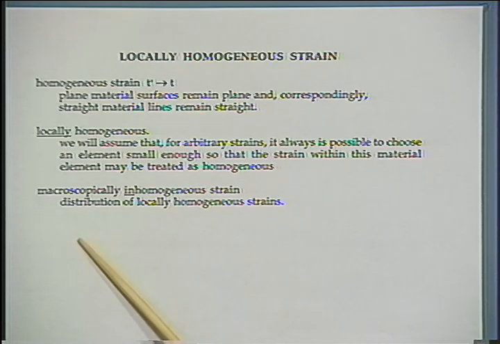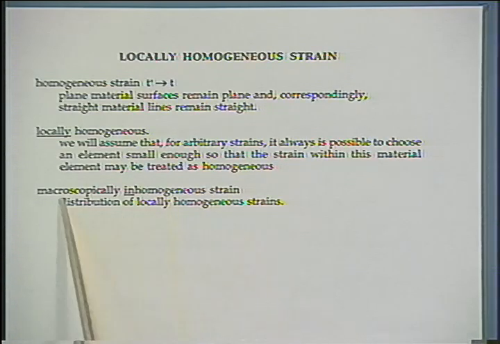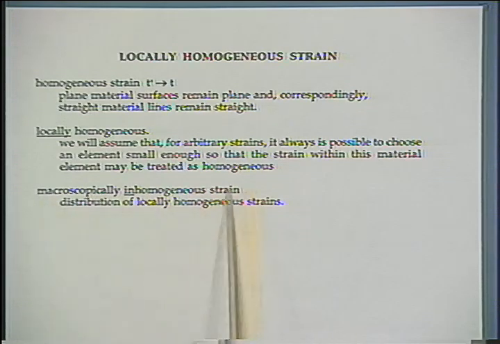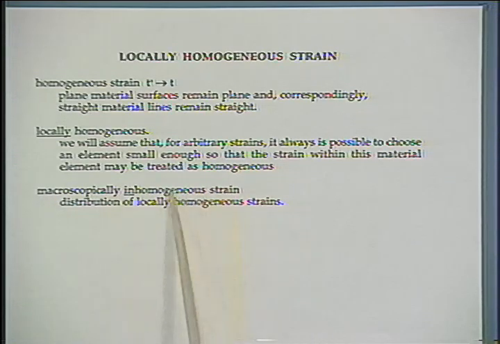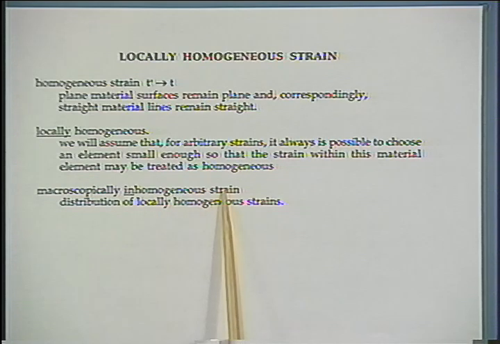And the strain we will describe for that element will be homogeneous. And we can apply that approach now to macroscopically inhomogeneous deformations, inhomogeneous strains, by just saying locally at this position we have a homogeneous strain of that type, or a strain rate of that type, and somewhere else in our large material section, the strain is different.